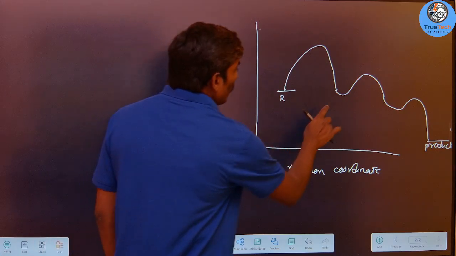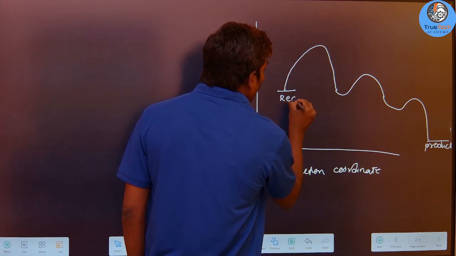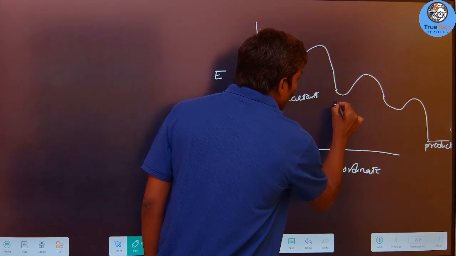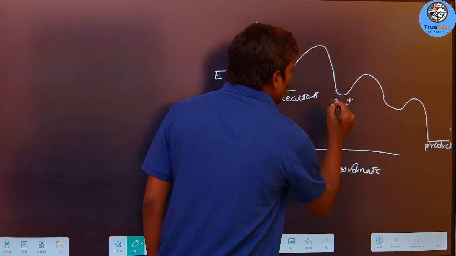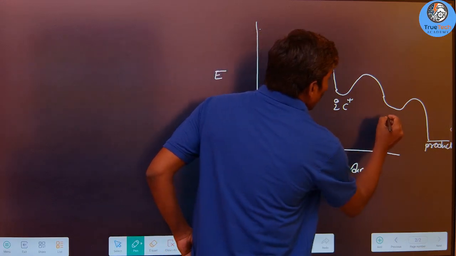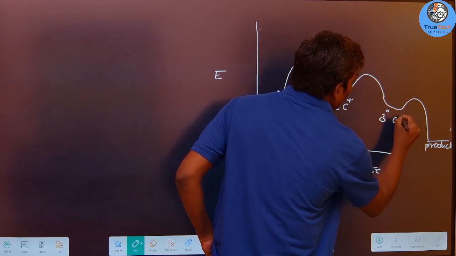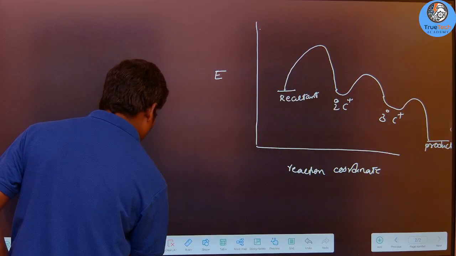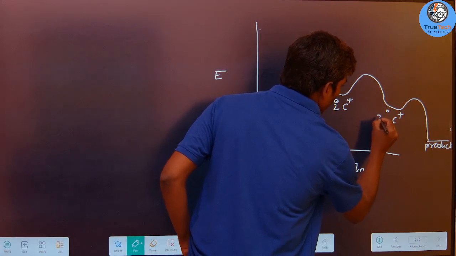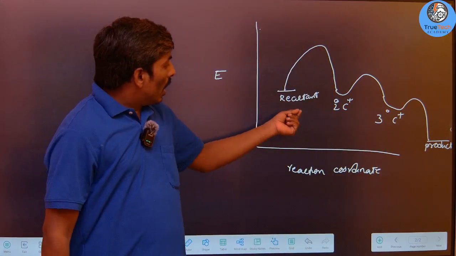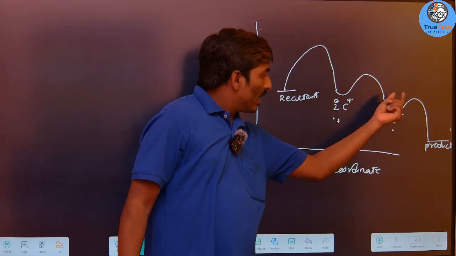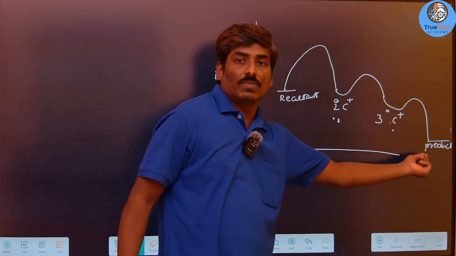This is the reactant. This stage is called secondary carbocation. This point is called tertiary carbocation, and then finally it gives the product.